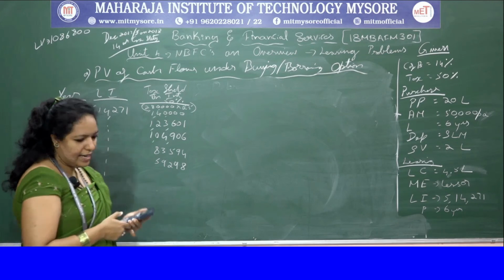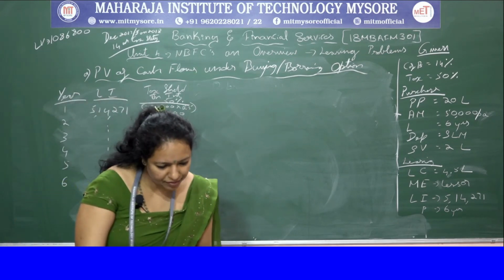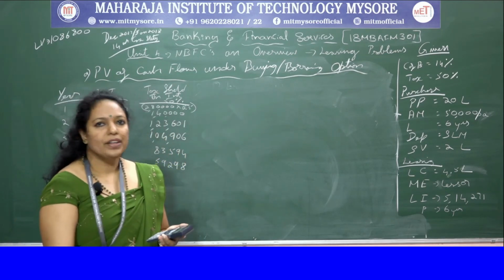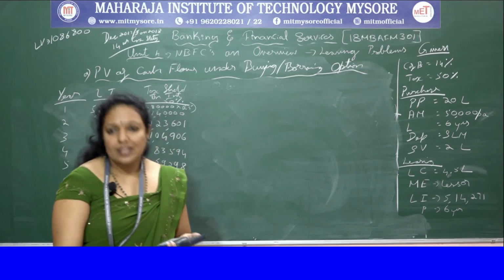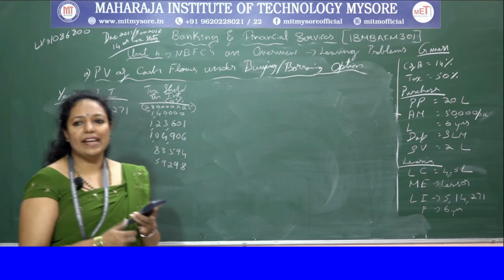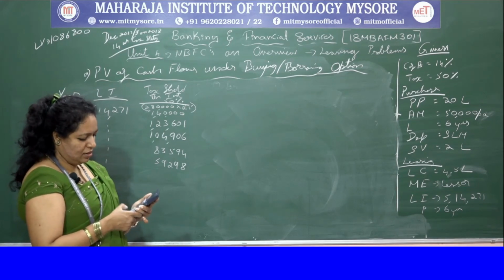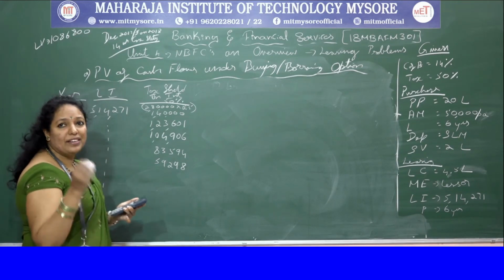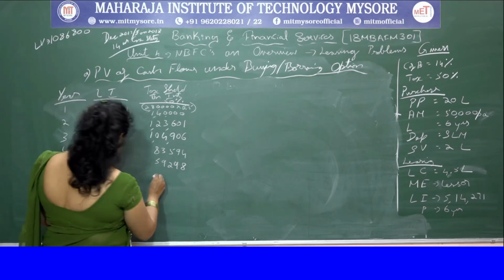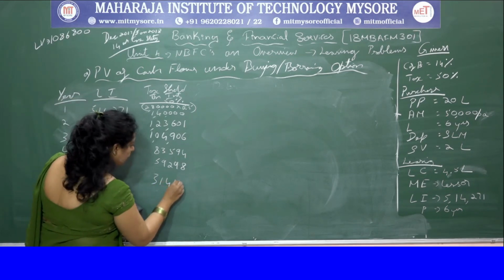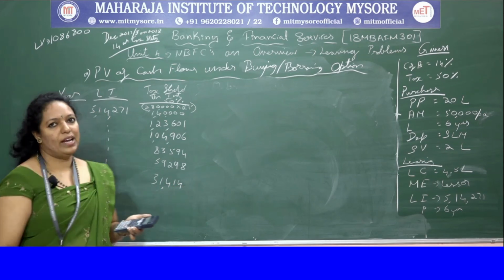And last year you have 62,828. For that, if you do half, you get 31,414. So this is quite simple.